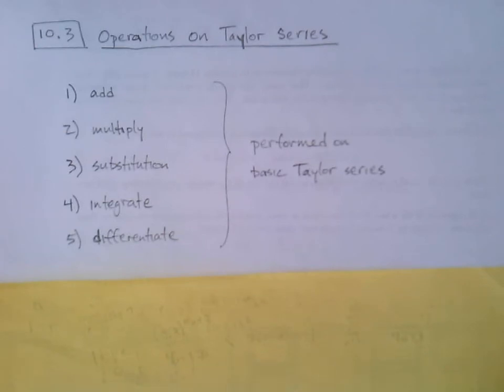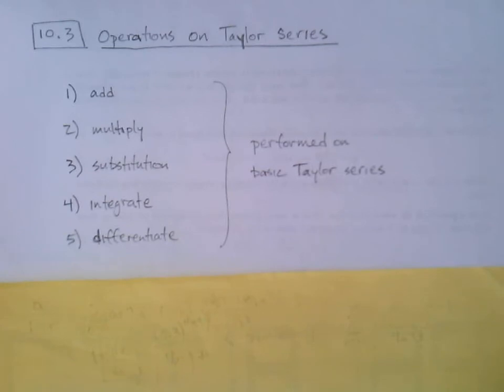One reason that's the case is this note here on the side. We're going to be performing those operations on what we call the basic Taylor series. So in 10.1, we created Taylor polynomials from scratch, right, using derivatives and plugging numbers in.